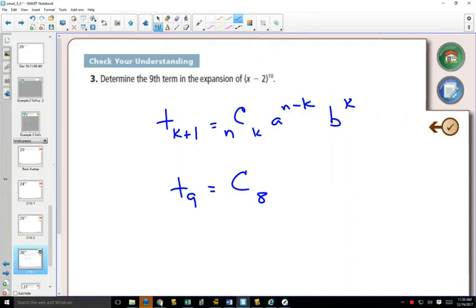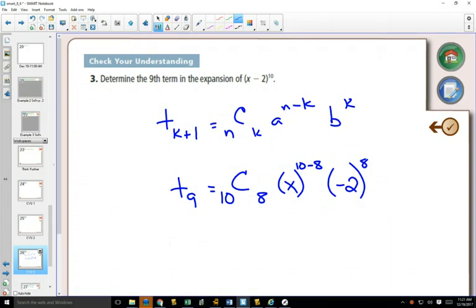My exponent is 10, so my n value is 10. So I start with 10 choose 8. A represents the first term in my binomial, which is x, and it's going to be to the power of n minus k, or 10 minus 8. B represents our second value, and whenever there's a subtraction sign, we put the negative with that second value, and it's going to be to the power of 8.